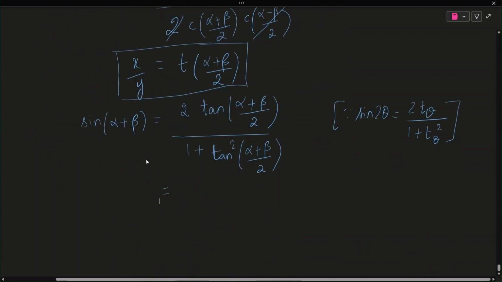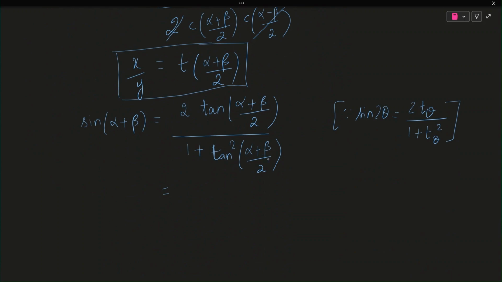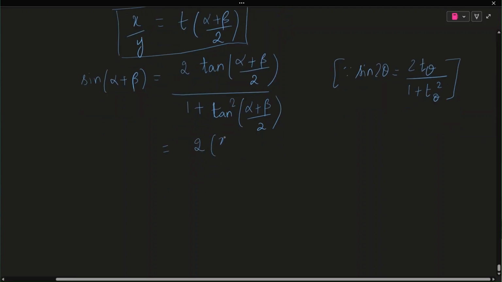So I'm just adjusting based on that. 2 x by y divided by 1 plus x square by y square.